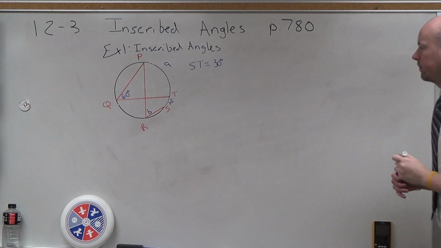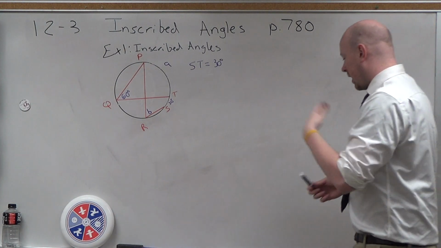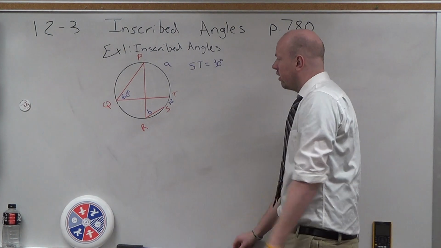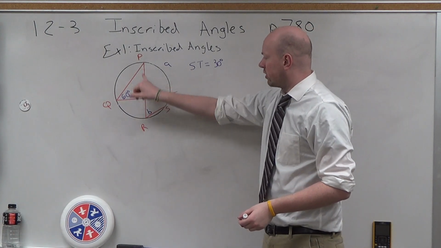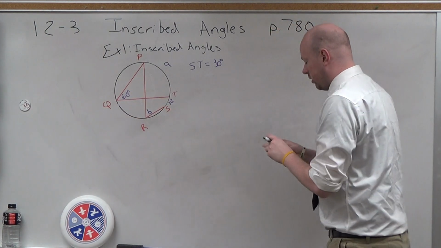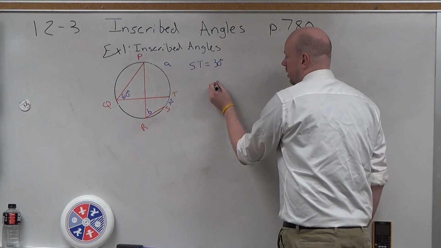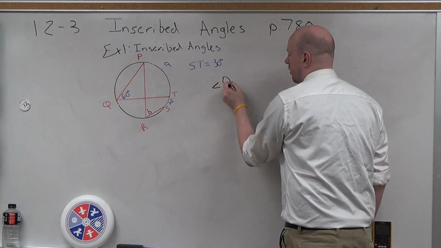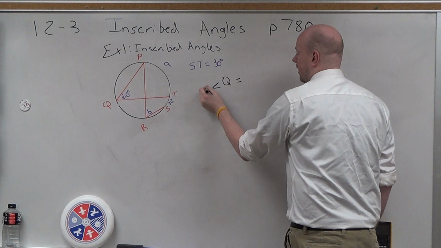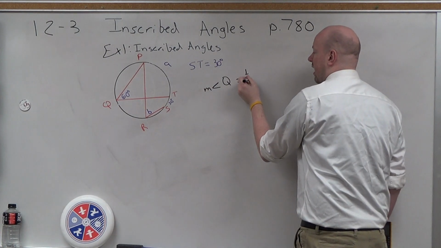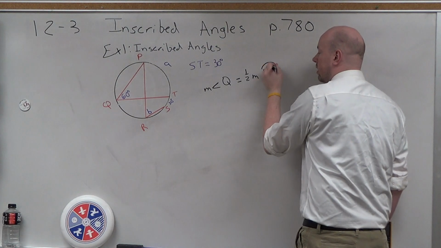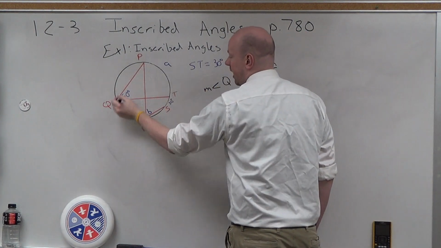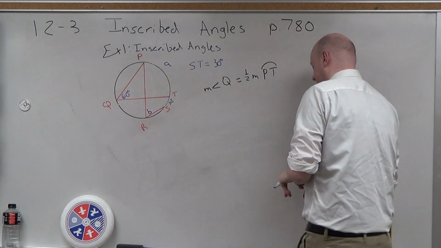Okay. So, A should be the easier one to solve for right away because I get an intercepted arc directly from my inscribed angle. So, angle Q, or measure of angle Q, has to equal 1/2 measurement of arc PT, because again, that's my inscribed angle, and its intercepted arc would be that.